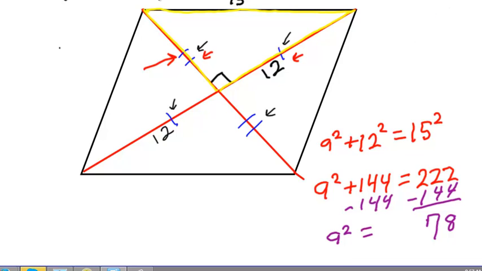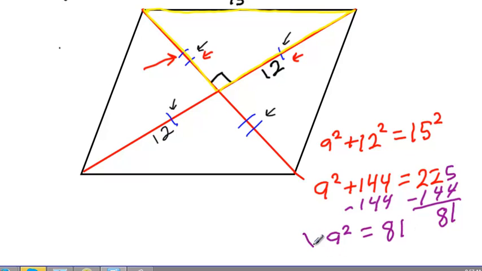And hopefully you caught that I made a mistake there. Hold on, this is 225. So that equals 81. So a squared equals 81.